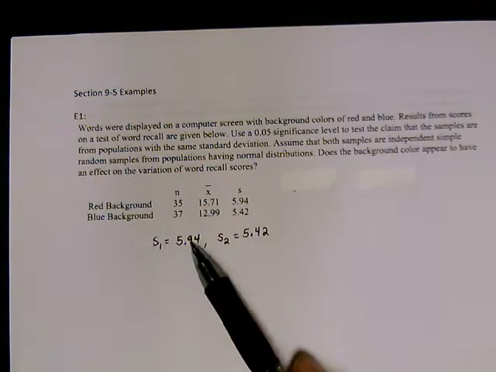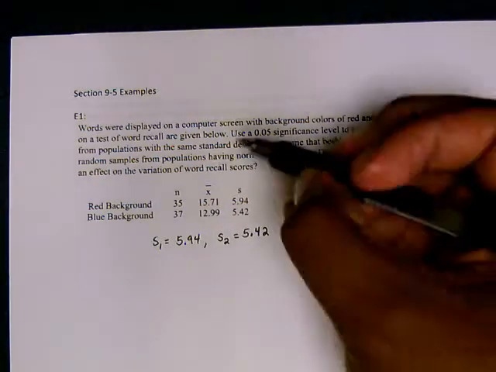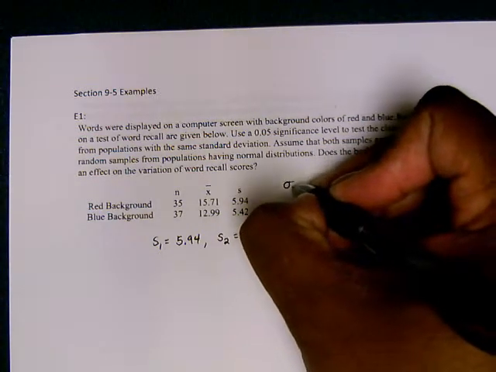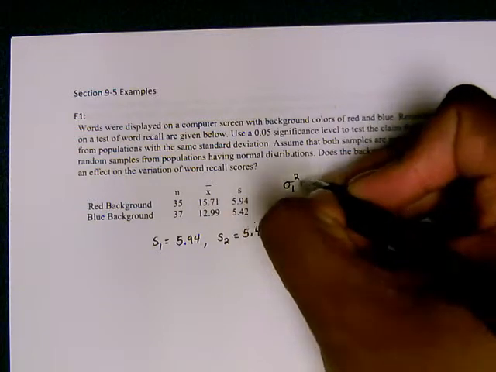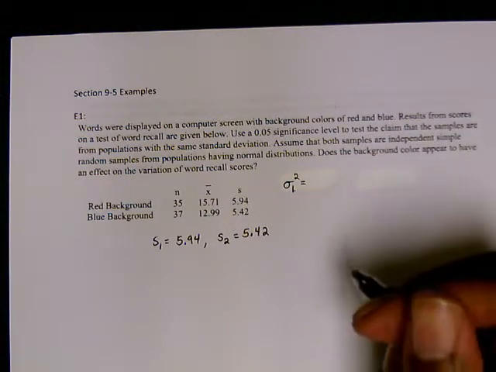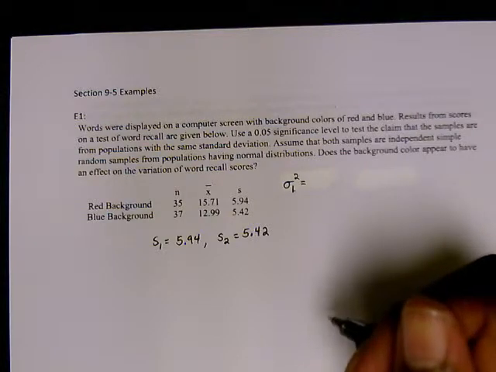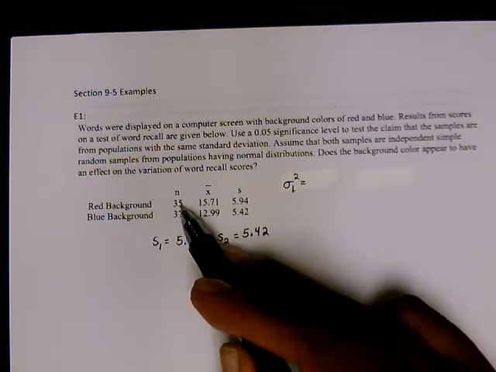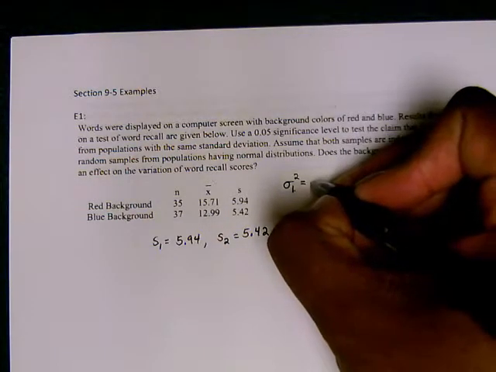Well, if S1 is going to be 5.94, then the population variance, sigma 1 squared, is the variance of the population that the sample with the larger variance is drawn from. That's going to be represented by the red background.